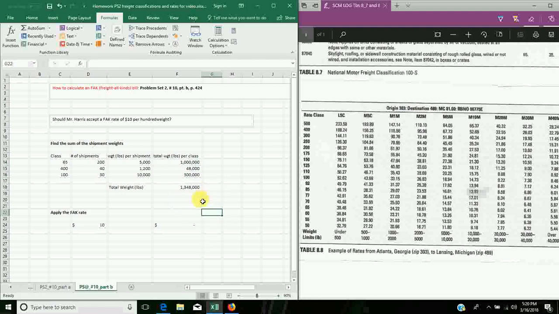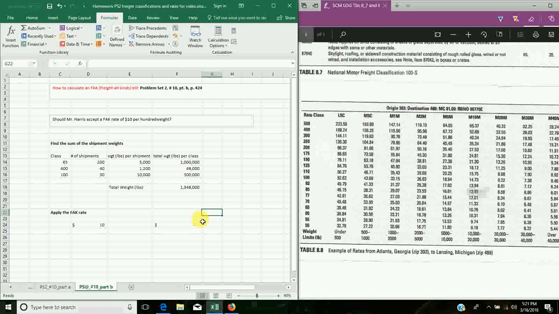We have a total weight in pounds of all these shipments. A total of 270 shipments at these particular weights, 200 of 5,000, 40 of 1,200, and 30 of 10,000, of 1,348,000 pounds. Okay? All right. Are we done yet? No.